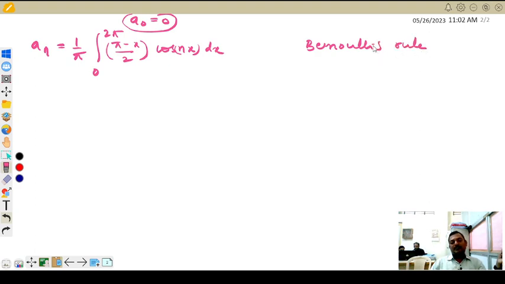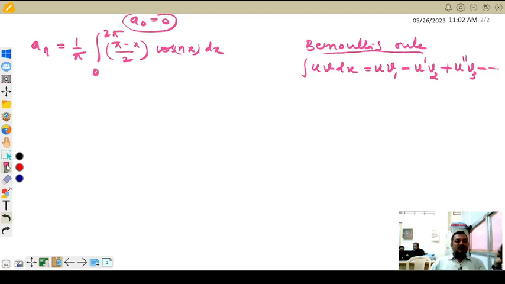Bernoulli's generalized formula for integration by parts, that is, integration of product of two functions is equal to first function u times integration of second function v, minus differentiation of first function into double integration of second function, plus double differentiation of first function into triple integration of second function, and so on.